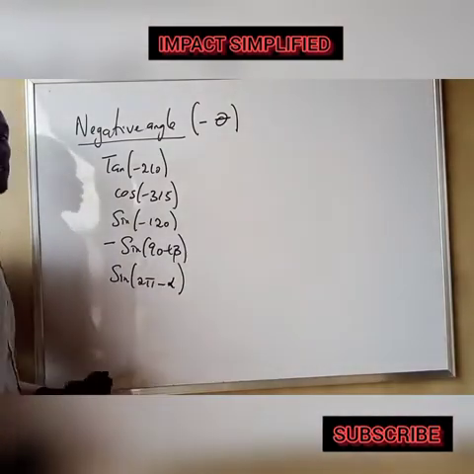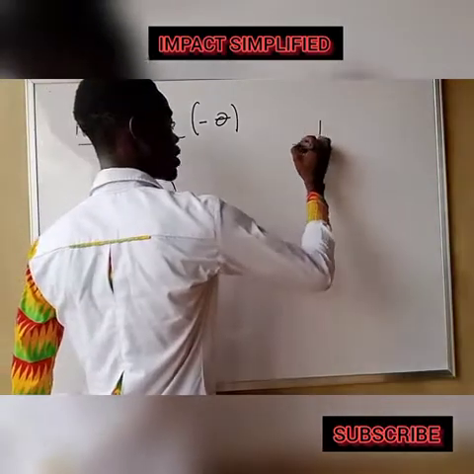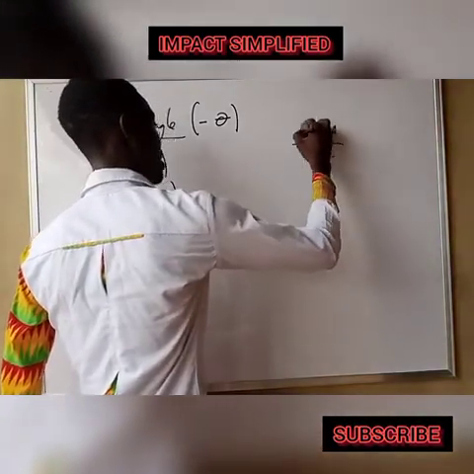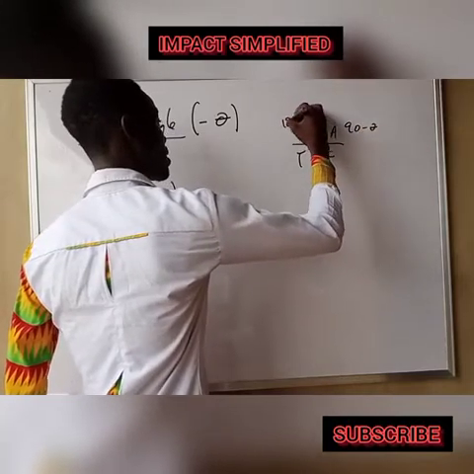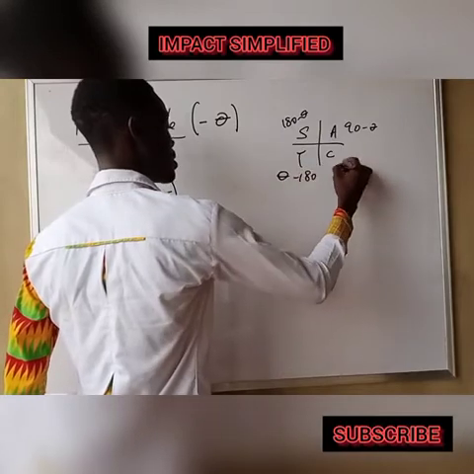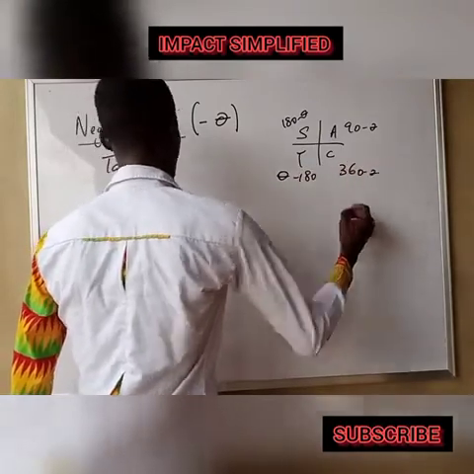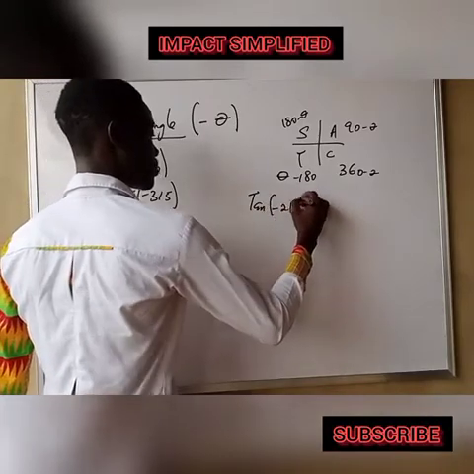So what will these give us? The effect of negative on trigonometric functions. Don't forget where we came from: CAST, and 90 minus theta, 180 minus theta, theta minus 180, and 360 minus theta.